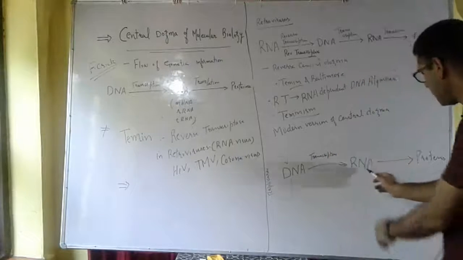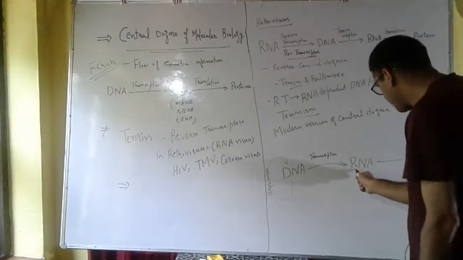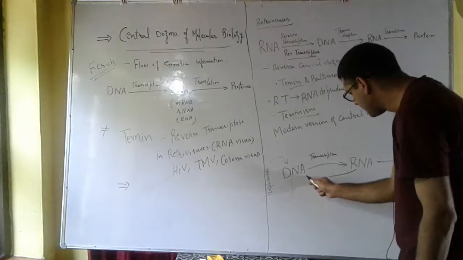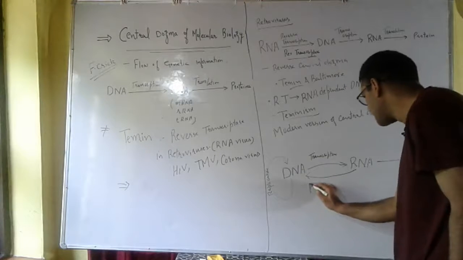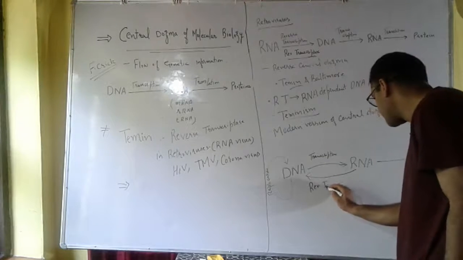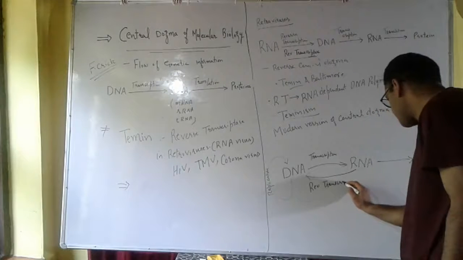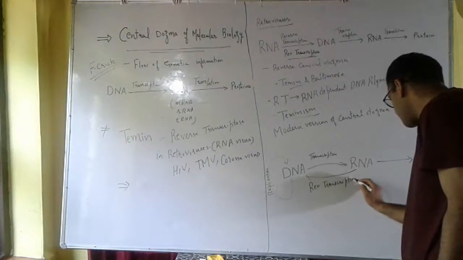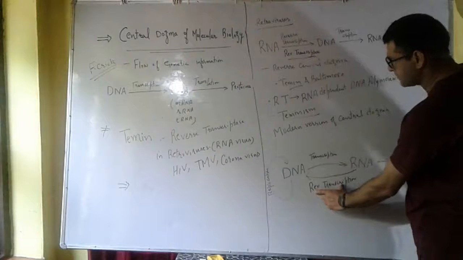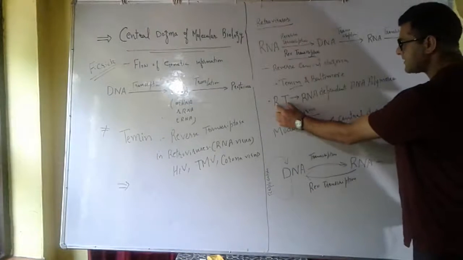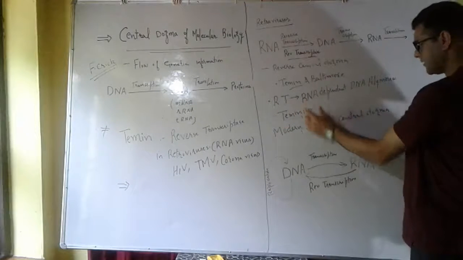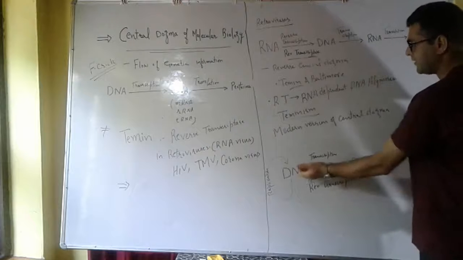Then this RNA can synthesize DNA. This is what is called reverse transcription. The main enzyme in reverse transcription is reverse transcriptase, which is an RNA dependent DNA polymerase.